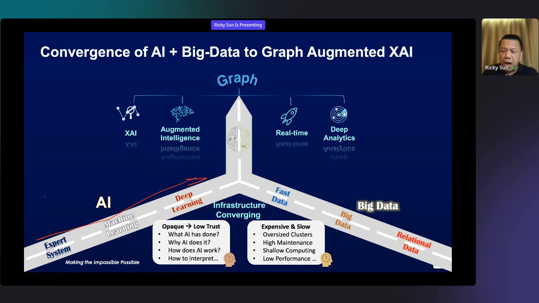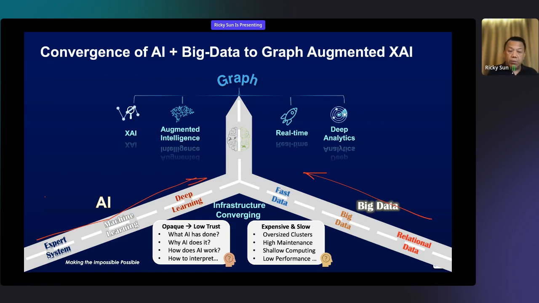And on the right-hand side, over the past 40 years, we have seen the infrastructure, the data processing technologies, going from relational database to big data to fast data. And then what's next? And what do we see in AI and big data?